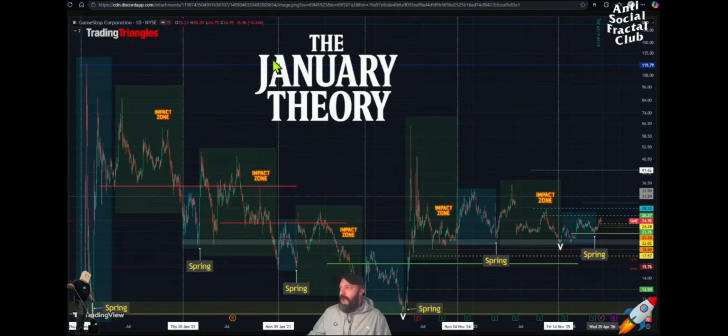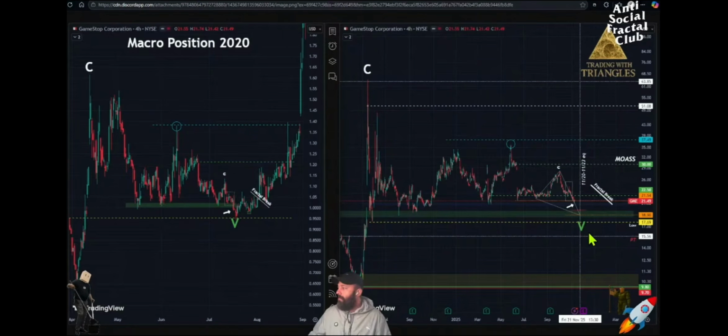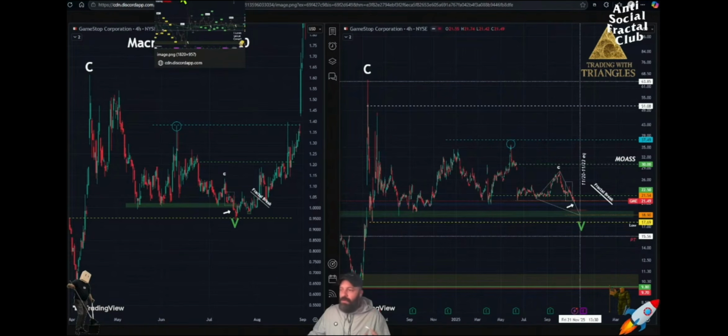The only other option that I have is that we are going to complete finding the V point at $17 to $15, and the only two times that can happen would be November or for a spring bottom.